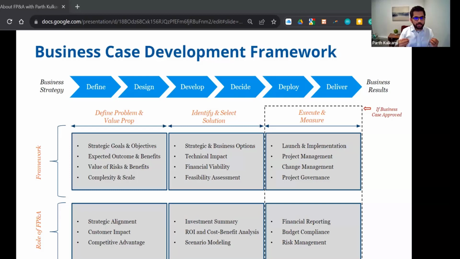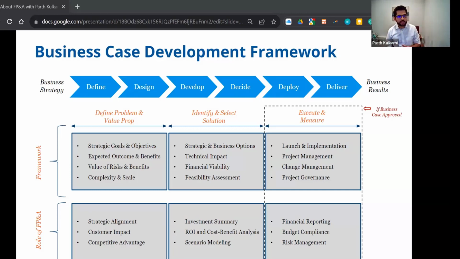If I think about the different steps in the process, or the different milestones that the business case goes through, we can think about it from what exists out there as a 6D model, right? I've leveraged the 6D model to help folks understand how business cases are built.